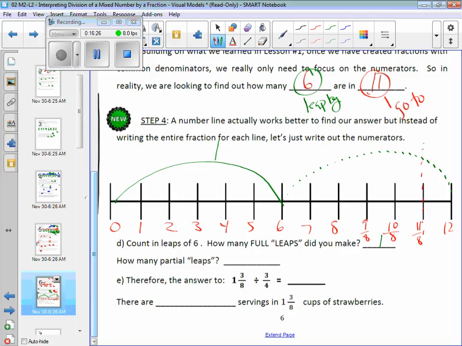Kind of on the right track, but not 1/8. Let me say 5/6. How did you do it? He's right. It's 1 and 5/6. I want to know how you figured it out.